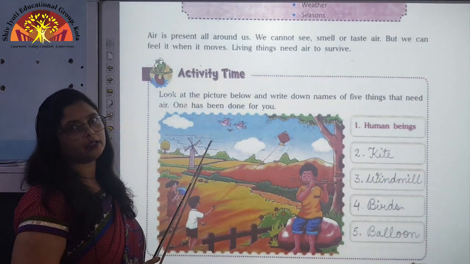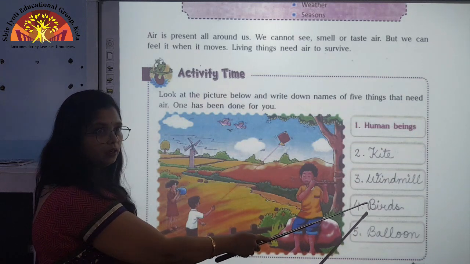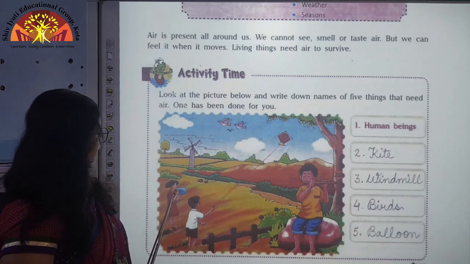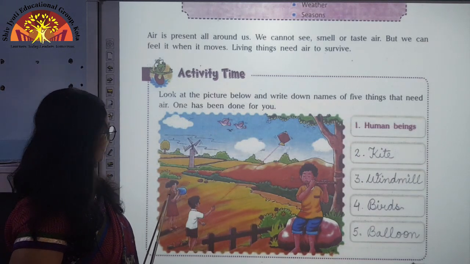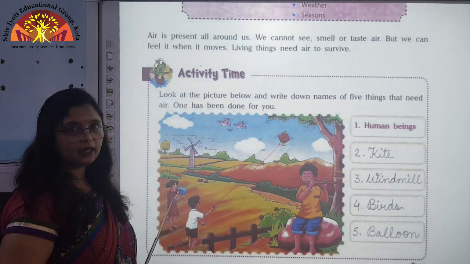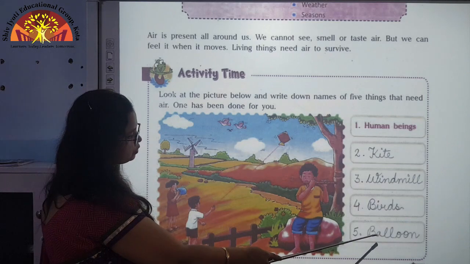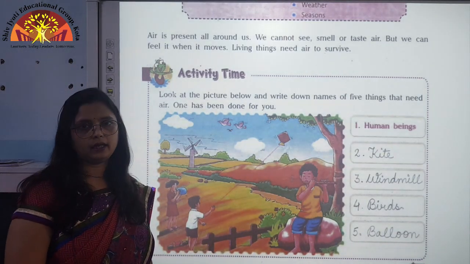They can fly by the help of air. So 4th thing we have written here, birds. Similarly, you can see this girl is filling the balloon. How is she filling the balloon? By the air. She is giving the air from her mouth into the balloon. So we have written at 5th number balloon. So these are some of the things which require air.